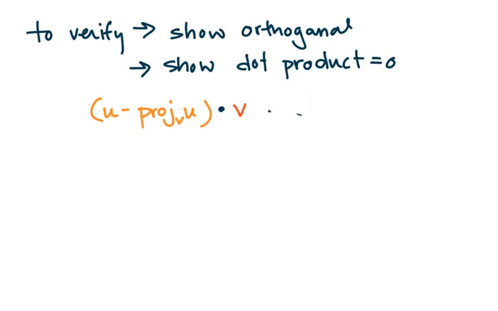So I'm not going to say that it's just equal to 0. I can't do that. I have to prove that, which means I need to manipulate this in a manner that as I perform my calculations, it turns into 0. So let's think about what is the projection of u onto v? How would we calculate that? So u minus the projection of u onto v is u dot v over the magnitude of v squared times v.